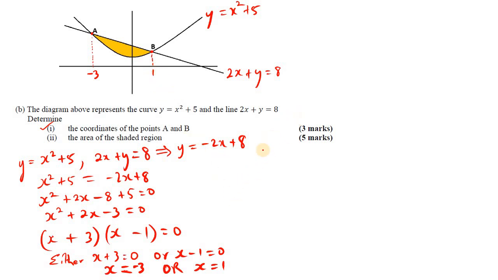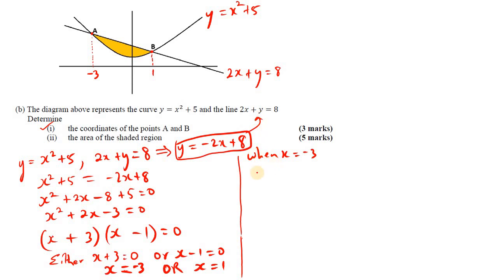Alright, now that we get that, I'm going to substitute these values of x into one of the equations, either this one or this one. So when x equals negative 3, let's use the linear equation, this one. I think it's much easier. Now we would have already transposed this, making y the subject, right? So I can use this one, which really is this equation.